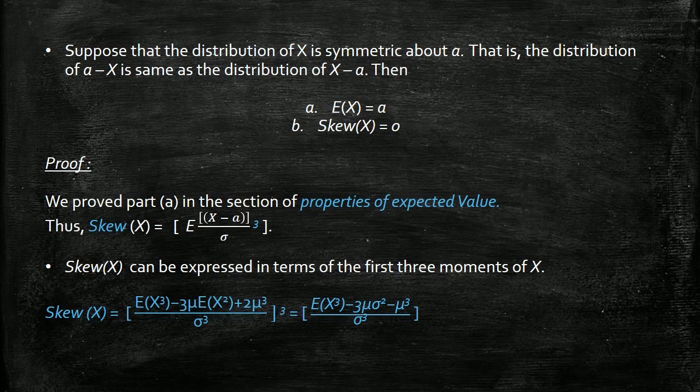Thus, skew(X) = E[((X − a)/σ)^3]. Skew(X) can be expressed in terms of the first three moments of X: skew(X) = [E(X^3) − 3μE(X^2) + 2μ^3]/σ^3 = [E(X^3) − 3μσ^2 − μ^3]/σ^3.